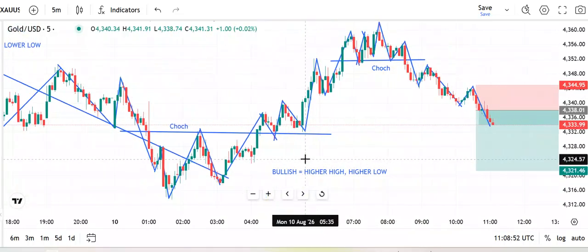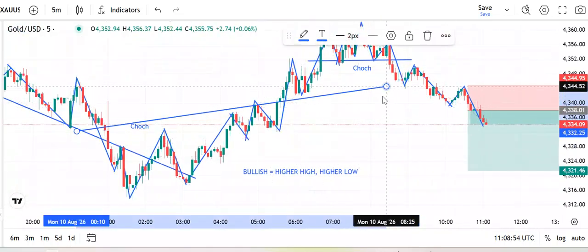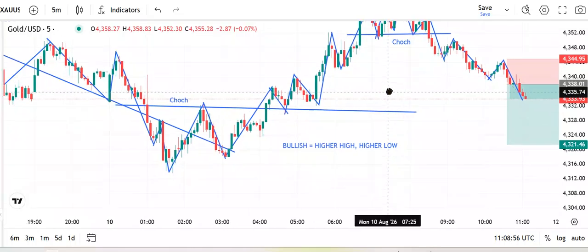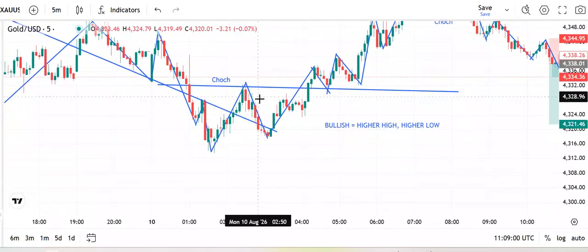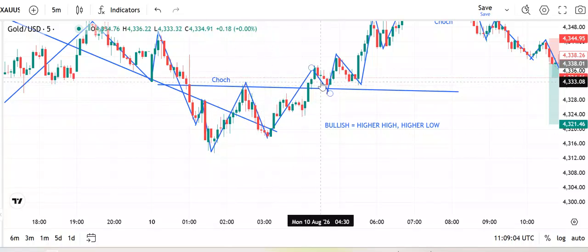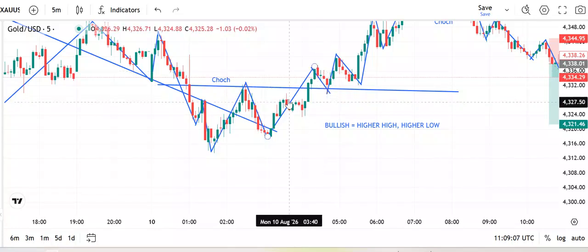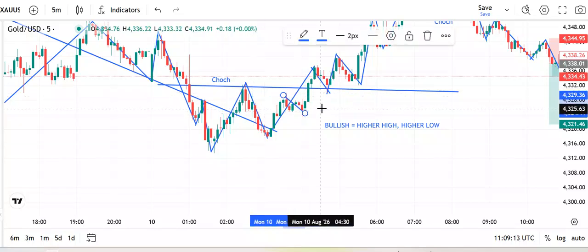Now, for this particular range breakout, these are pullback. Okay, this is the range and these are pullback. Okay, this can also be taken as our pullback, but it's still within the range. But this is the range and these are pullback.